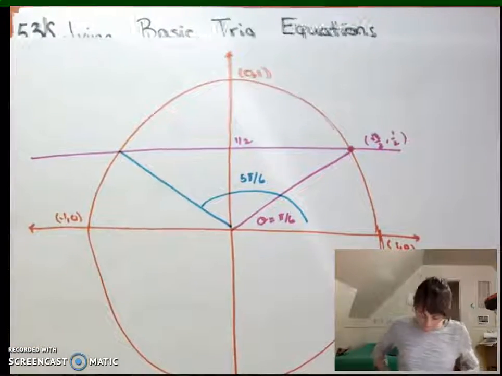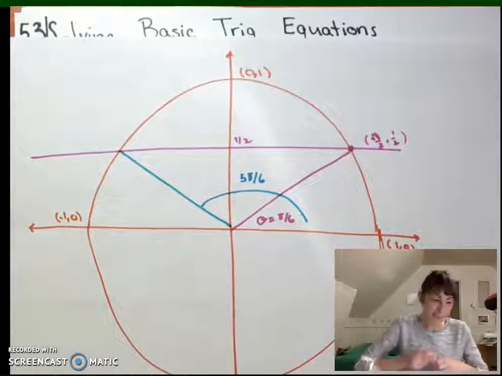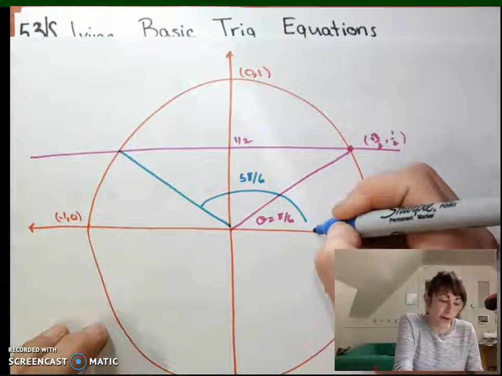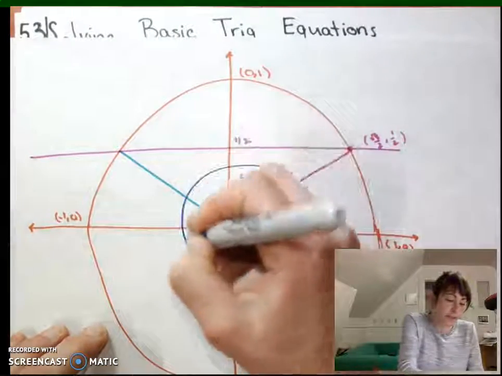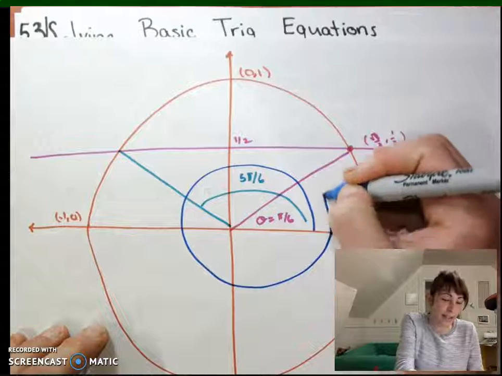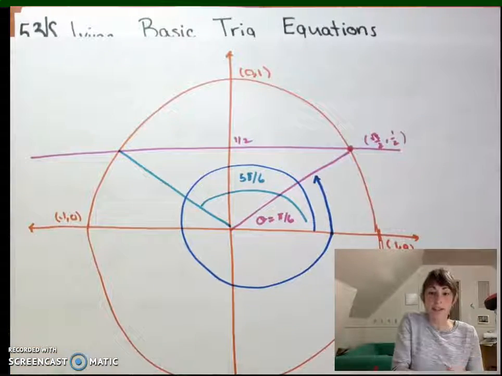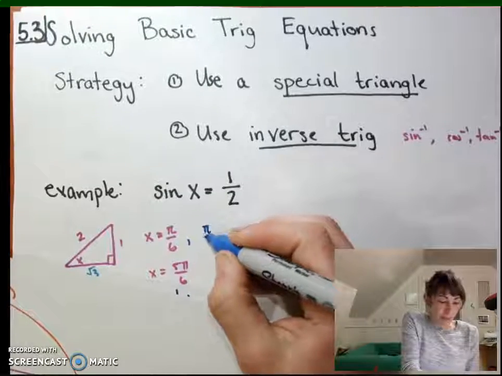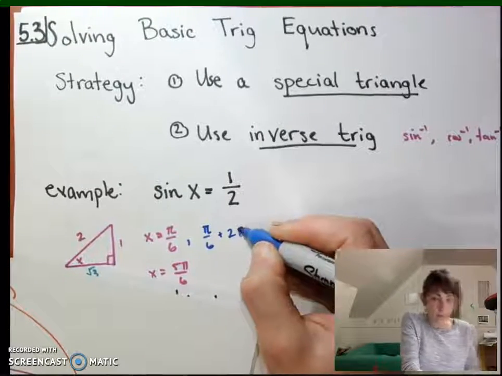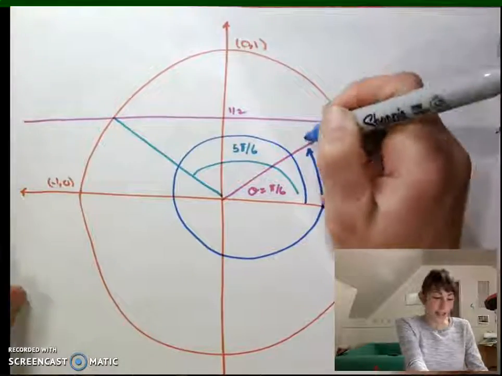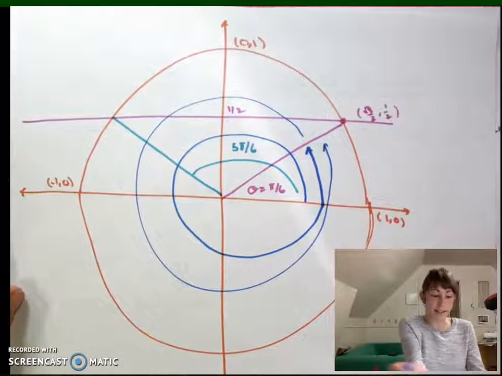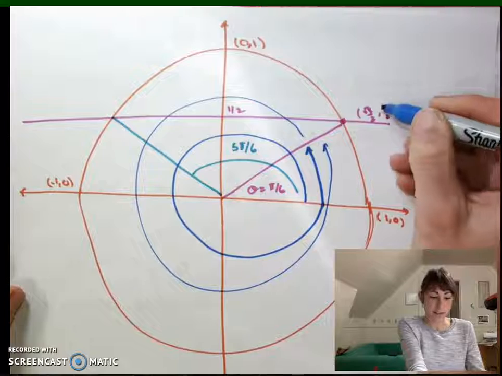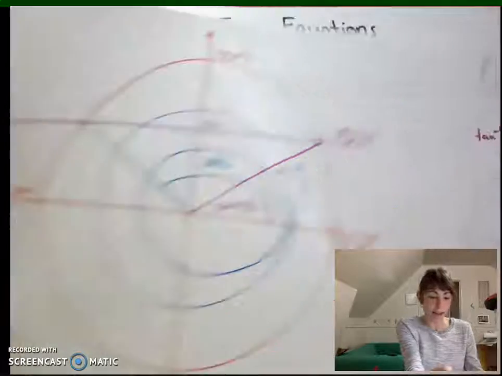Okay, I bet that I can find some more. Say we go all the way around the circle. So we make it 2 pi and then go pi over 6 again. Now I'm back. So I also have pi over 6 plus 2 pi. If I go another 2 pi and back, then I have my y coordinate as 1/2, so sine is 1/2 again.